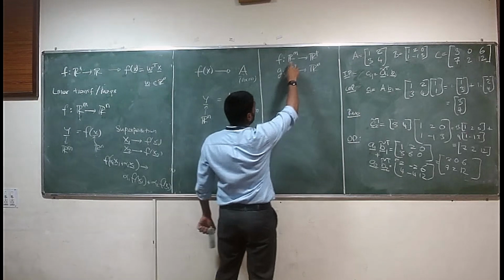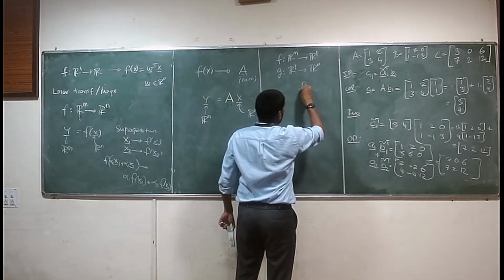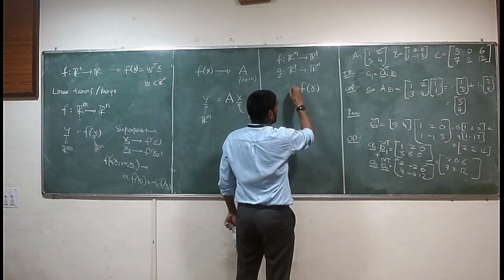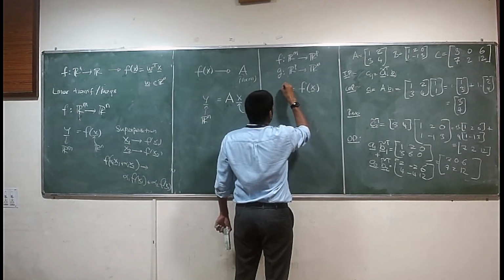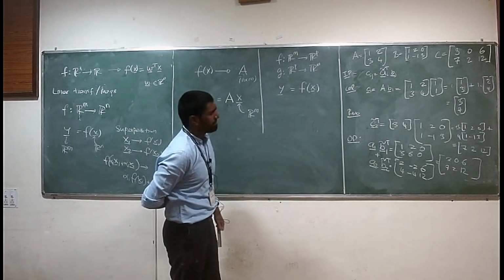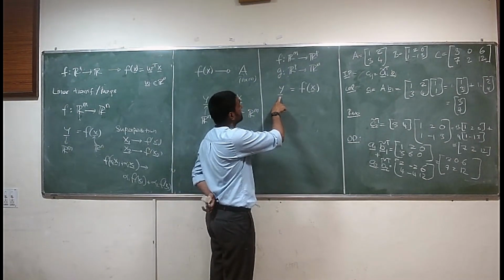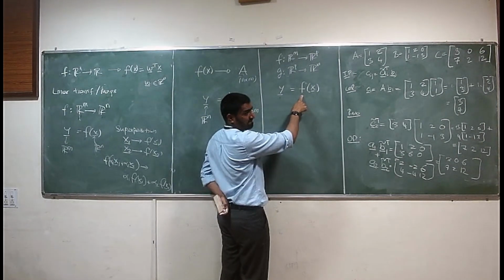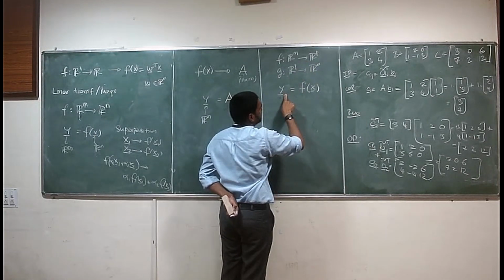That means if I take any vector from Rm and I compute this, what will I get? I'll get some vector, I'll call it y. And where will this be from? Which space? Rp, no? It maps to Rp. So this is from Rp, right?